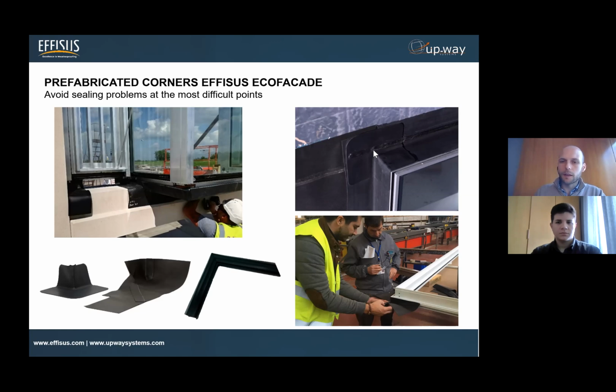And then the only solution is applying glue on top, so more glue. And we understand that when we are solving things with the application of more glue, of more adhesive, what we'll be doing is removing the warranty or the insurance, the security that you have on that installation.